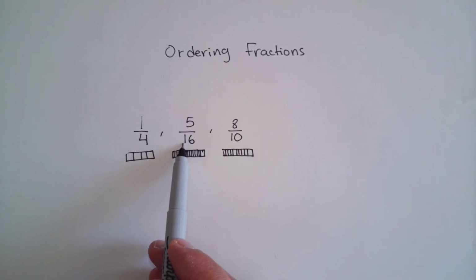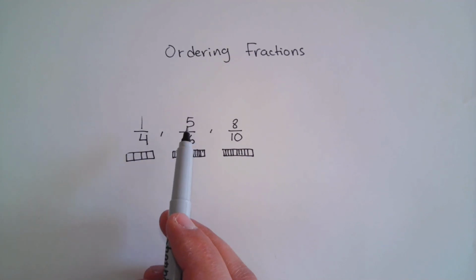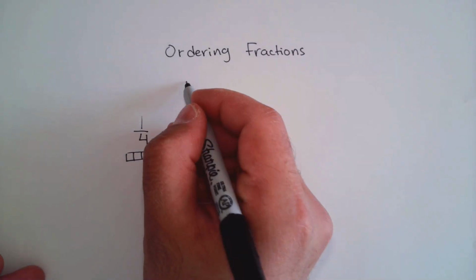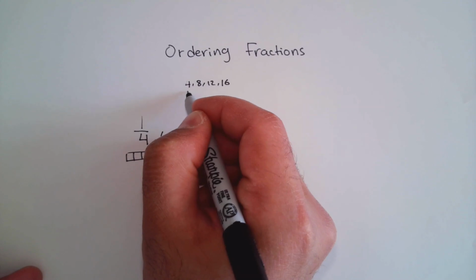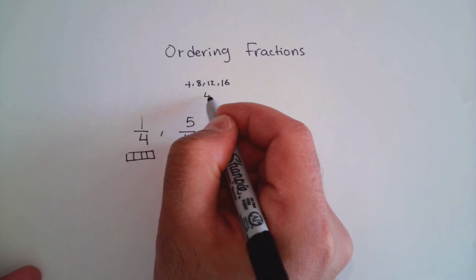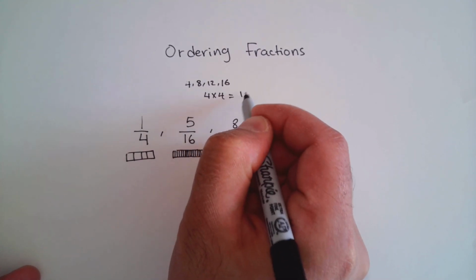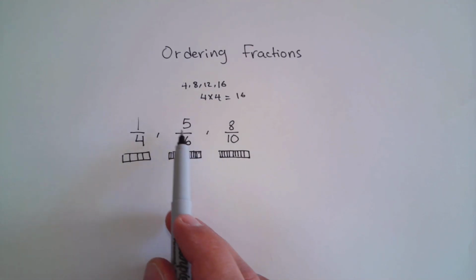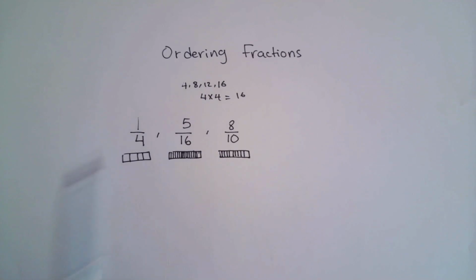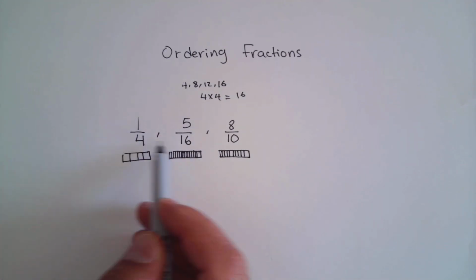Is 4 a factor of 16? The answer is yes, because 4 times 4 gives me 16: 4, 8, 12, 16. But can I get 10 out of 4? No, right? So let's start with these two fractions.